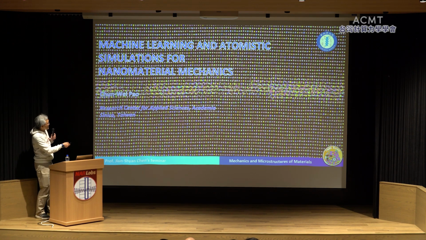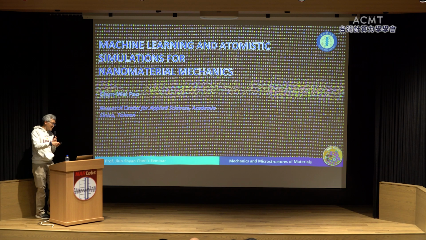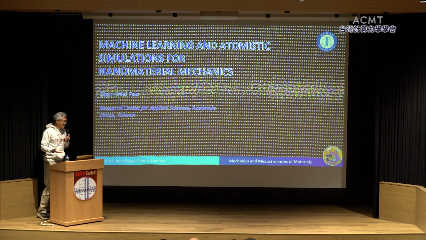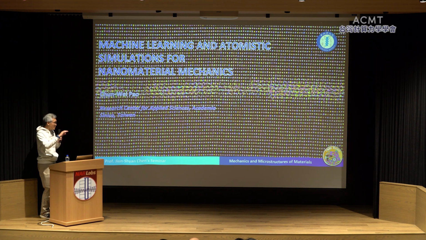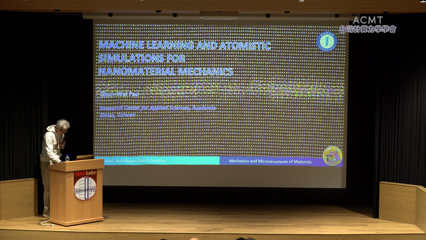As you can see, the distorted region is actually amorphous and hexagonal close-packed, so it's chaotic. I'm going to talk about this briefly in the later part of my talk, if I don't use all of my time.